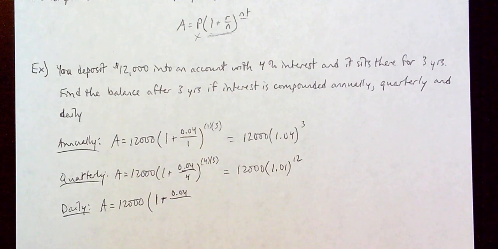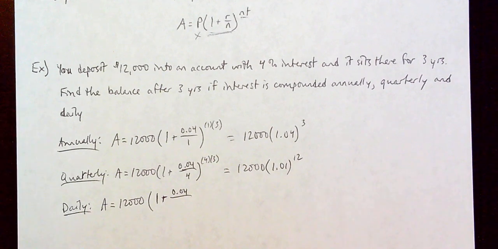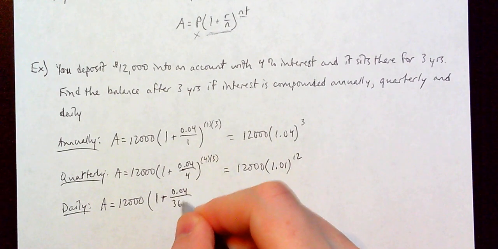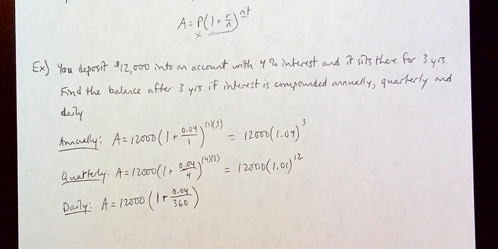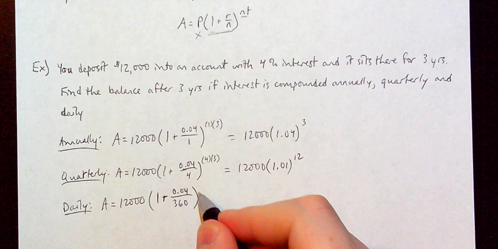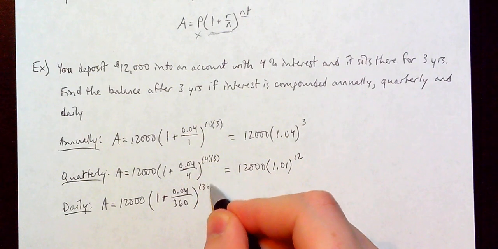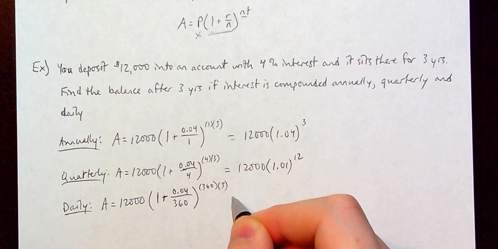Again, it doesn't typically work out in our favor, but what the heck, that is very likely how banks and other financial institutions actually do calculate interest. So let's go with the banker's rule. We'll use 360. And then raised to the power N times T, 3 years.